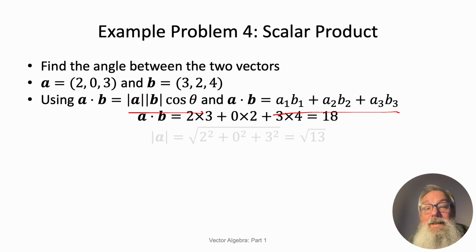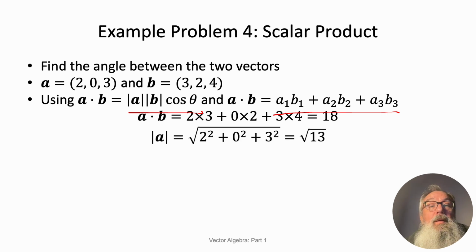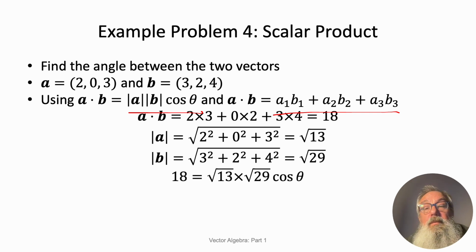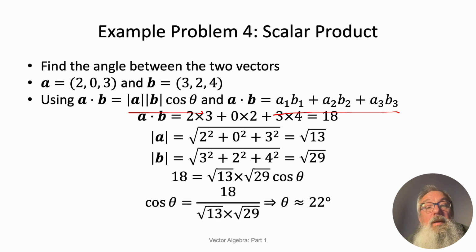Comes out to be 18. Magnitude of A is root 13. Magnitude of B is root 29, so we've got root 13 times root 29 cos theta equals 18. Trivial to calculate theta. Theta comes out to be 22 degrees.